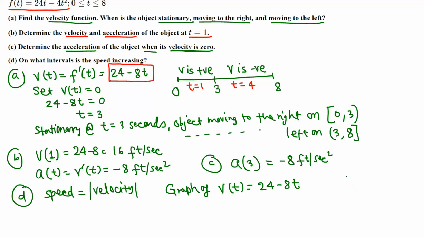You can use a graphing calculator, or this is just a line. When t equals 0, because we go from 0 through 8, the time interval given in the question, this is 16.